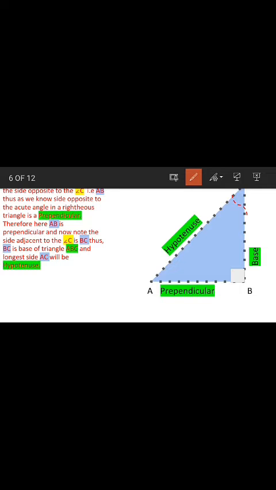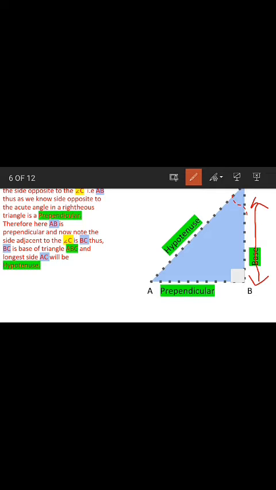Now class, take another look and tell me which side is going to be adjacent this time to angle C, and what is the base of this right angle triangle. Yes class, BC is the side adjacent to the angle C, and therefore it is going to be the base of the right angle triangle ABC.